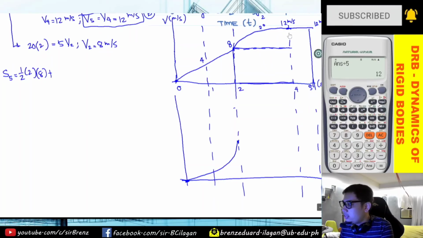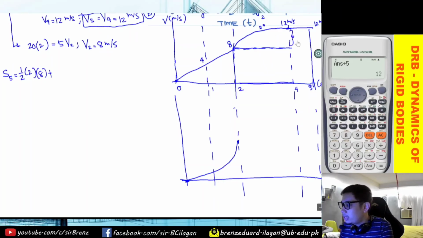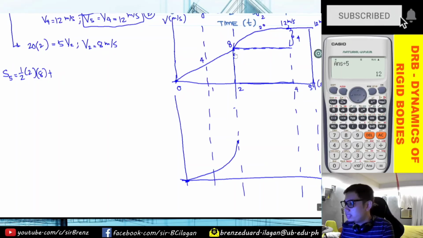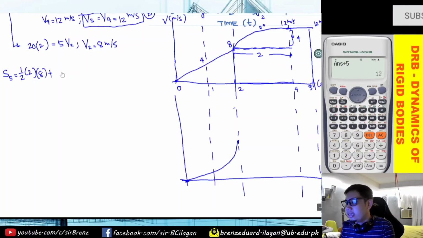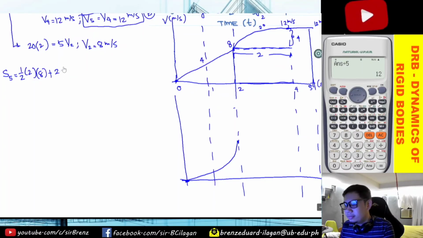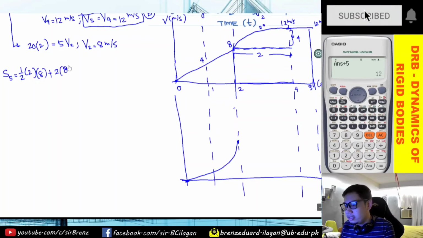So this is 8. So kung 8 to, therefore, etong height ng iyong parabola or spandrel na yan will be 4. Okay? And yung base natin will be equals to 2. So bakit naging 2? So 4 minus 2. So that is the base of the rectangle. So 2, unahin muna natin to, yung shape ng rectangle na yan. So 2 multiplied by 8.